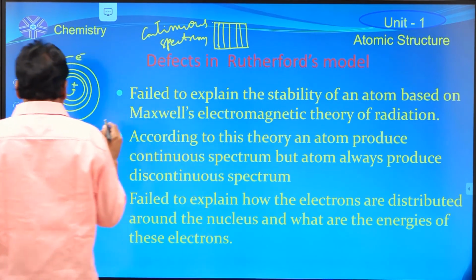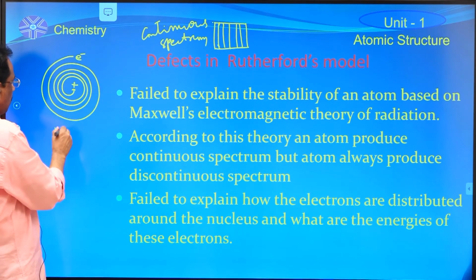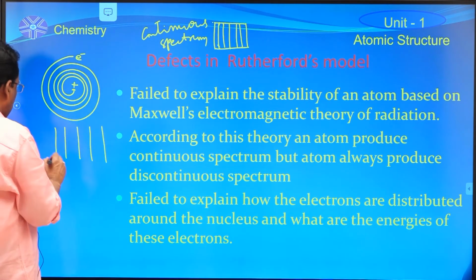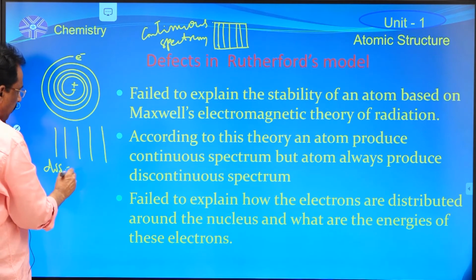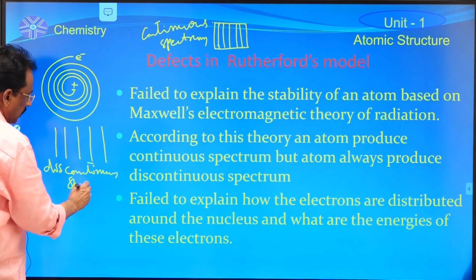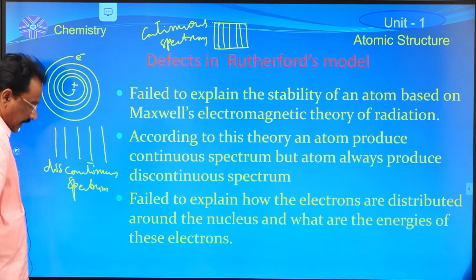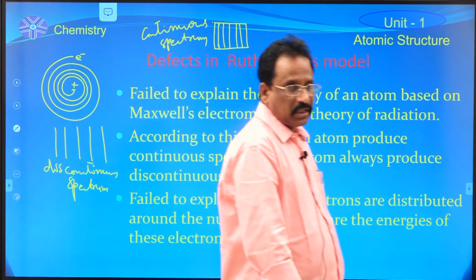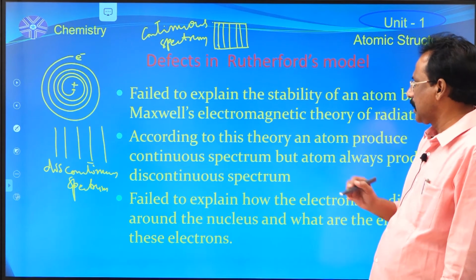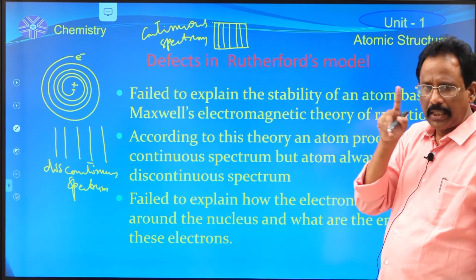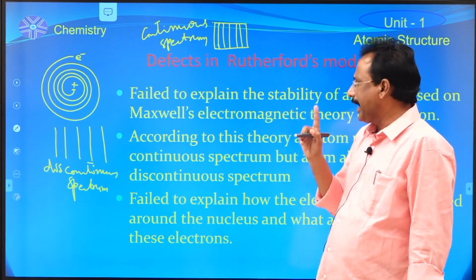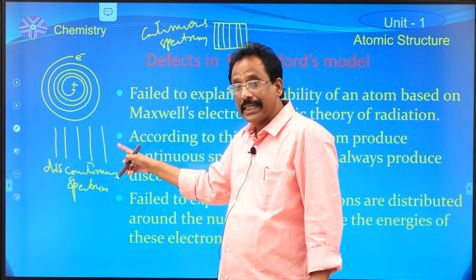Discontinuous spectra means distinct lines are formed from the atom, compulsorily. This is the representation of the discontinuous spectrum. So once again I will repeat the second major fault of this atomic model. The second major fault is, if the electron loses its energy continuously, the atom produces continuous spectra, but atoms always produce discontinuous spectra.